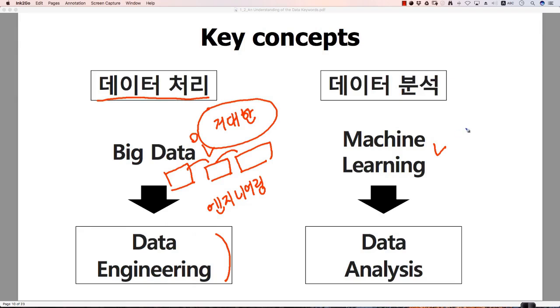Then from another perspective, there is a field of work that involves finding meaningful patterns in data, and we use the term data analysis. We can broadly discuss these concepts by dividing them into two branches: big data processing technology and machine learning. I think this is very important.